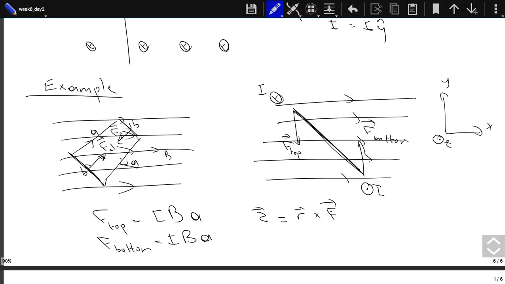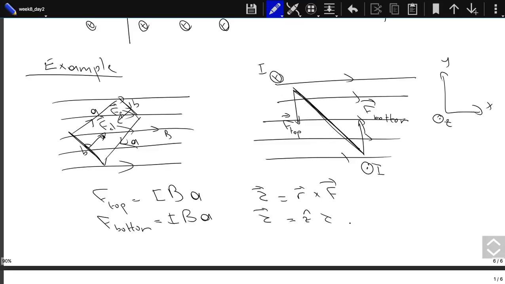This is R, this is the direction of F. So R cross F is pointing towards you. The torque created by this one, and similarly the torque created by this one, will both be pointing towards you. The total torque acting on my wire will be in the Z direction with some magnitude.